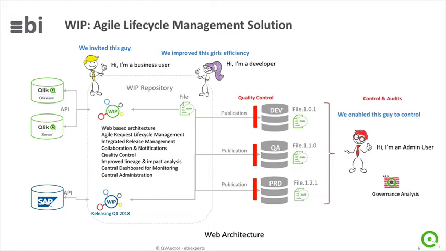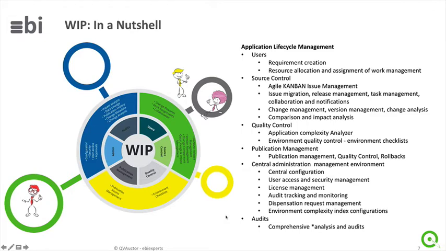And then, of course, the governance application giving you an overview of your total file lifecycle management across all environments, users, and changes. So WIP manages the users, source control, quality control, publication, admin, and audits across all your changes within your Qlik environment.